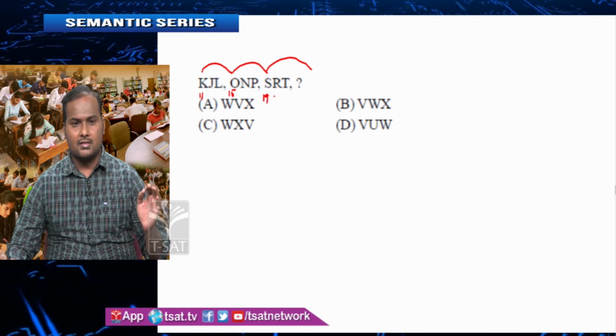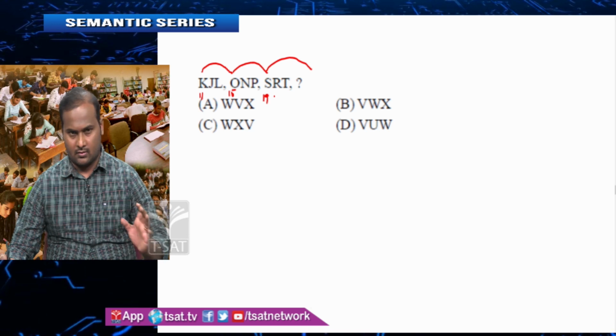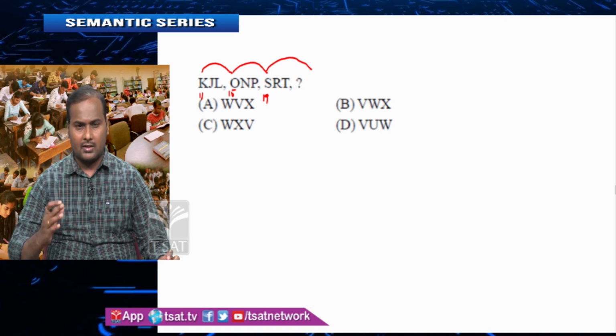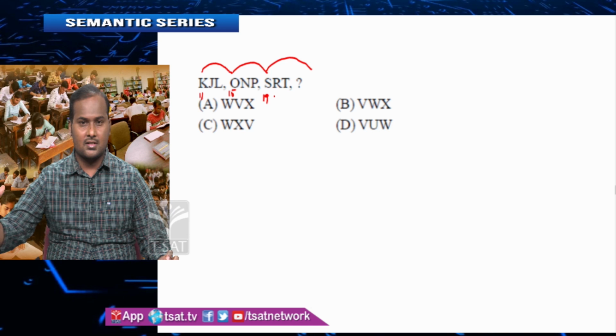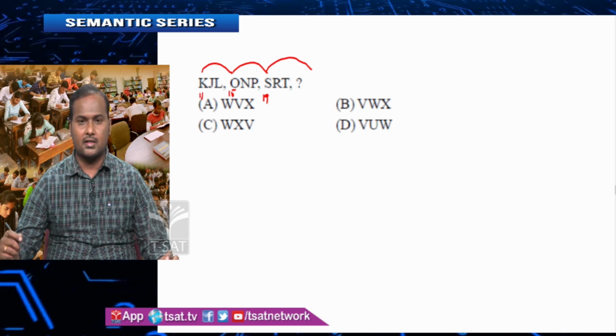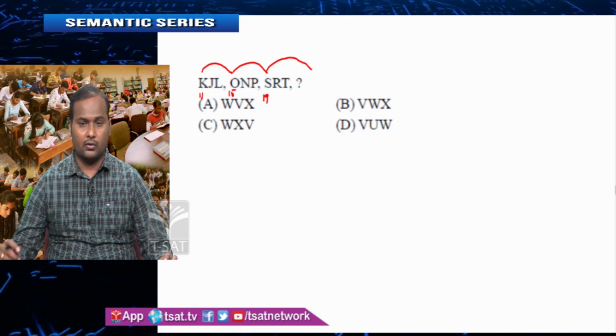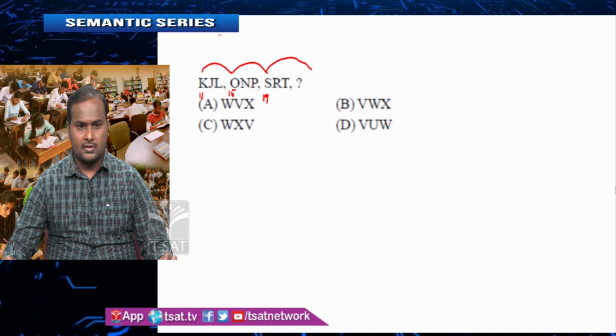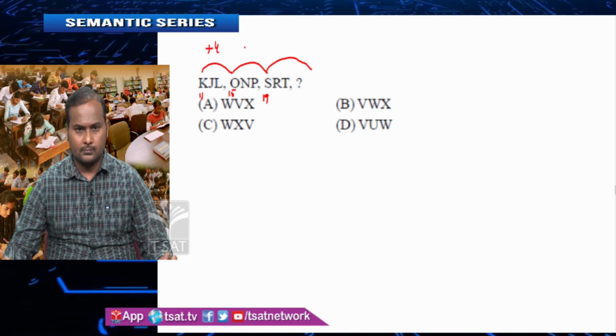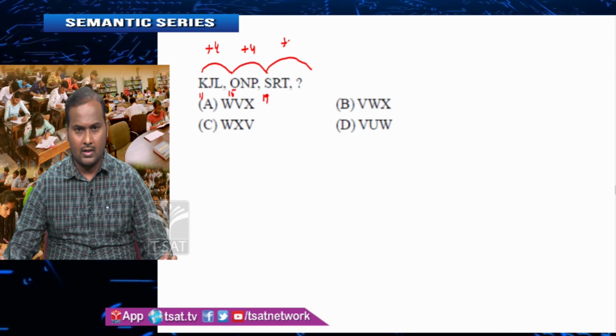The moment I see K, O and S, in my mind I can see that there is a consistent increase of 4. So that is the key here. Like that you have to think in the exam to get the answer very fast. So in this case it is increasing by plus 4 and plus 4.